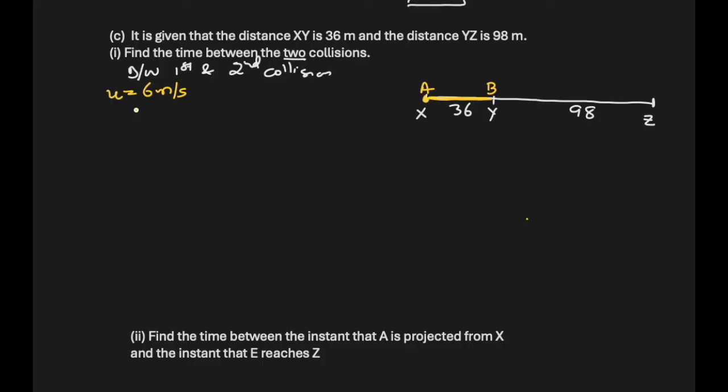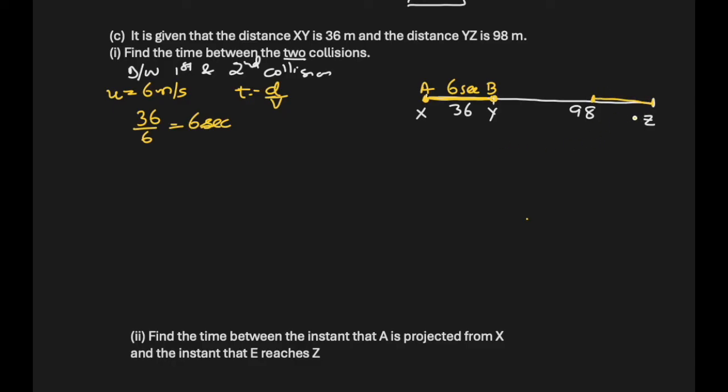So we will use simply the formula where time is distance over speed. So time is 36 over 6 seconds. Though it is useless for this particular instance, we will keep in mind that it took 6 seconds to collide with B.